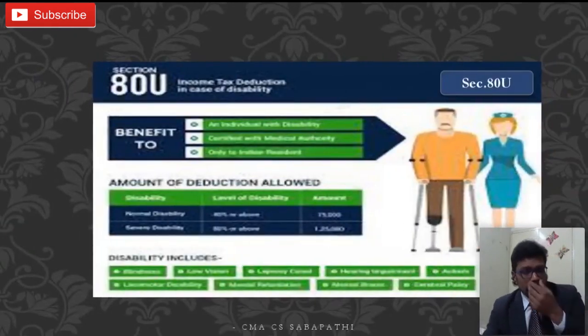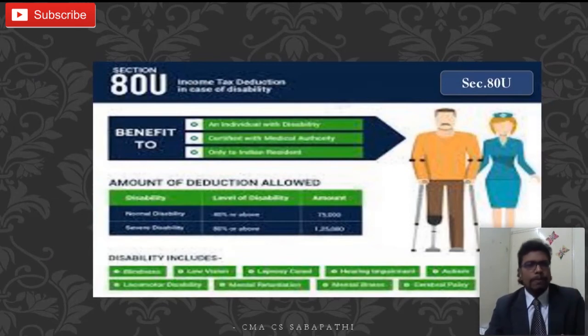Okay. Then comes the case where the taxpayer individual himself is a disabled person. In that case also you can enjoy 75,000 rupees or 1,25,000 rupees. Sir, how can I decide whether I have normal disability or severe disability? You have to submit a medical certificate from a central government medical practitioner or any state government medical practitioner.